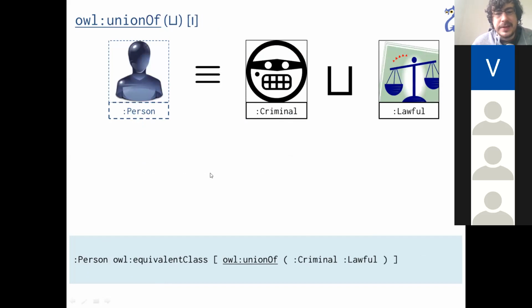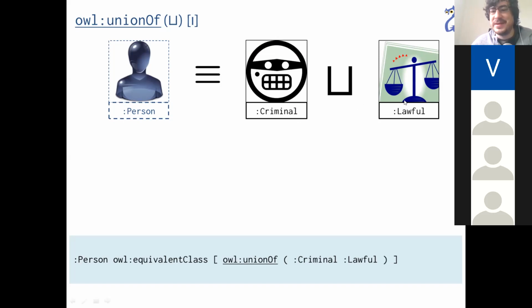Okay, so if we can define intersection of, it seems intuitive that we could define union of. Union of is a bit more of a tricky beast when it comes to reasoning because it gives rise to multiple possibilities. So let's start with an example here, which is person is equivalent to criminal or lawful. So we're going to assume that this dichotomy or separation doesn't exist for animals.